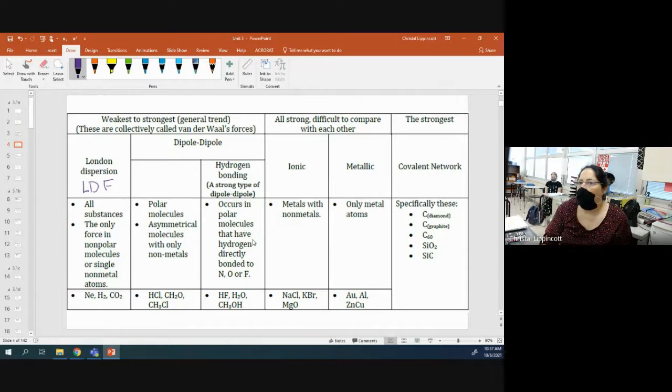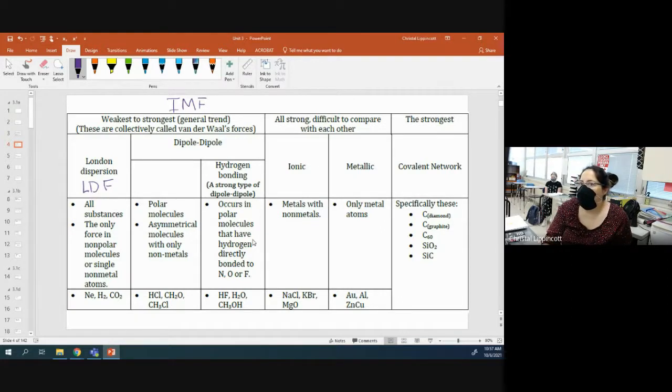So if you write LDF and you're talking about intermolecular forces, they will know what you're talking about, and you don't have to write out London dispersion forces. IMFs then are intermolecular forces, and you may abbreviate that on the AP exam as IMF to avoid having to write out all that mess, because you're trying to save time. So IMF is intermolecular forces.